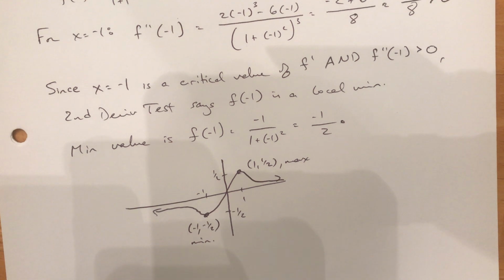Graph looks something like that. All right. So that was one example of using the second derivative test to help classify local maximums and minimums.